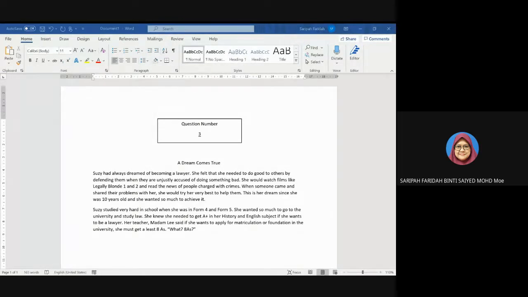So you get an A in English and history. So she did get an A in English and history. In fact, she got 8 A's because she went for tuition, and then she went for the YPJ classes the school had organized, and then she went for tuition outside of school. Her father paid for it all, and then for SPM, she got 8 A's.